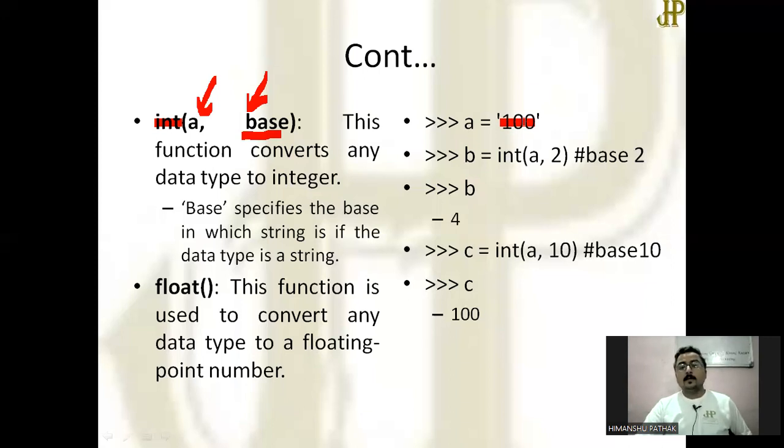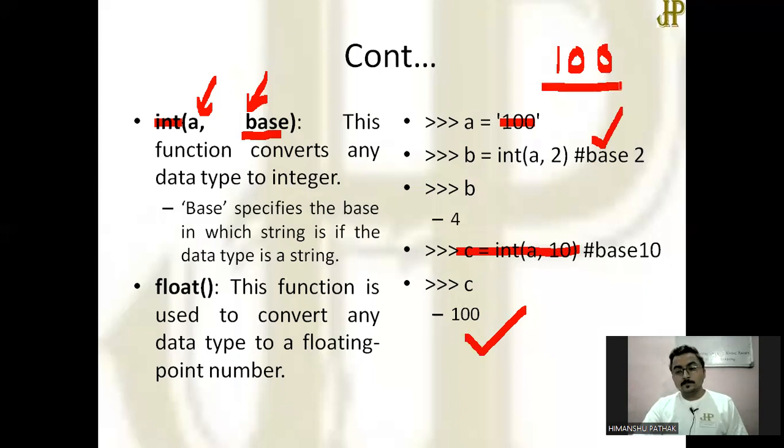In the first case, I want to convert it into a binary number. And in the second case, I want to convert it into a decimal number. Whenever I convert it into a decimal number, it shows 100. It is very simple. But whenever I convert it into a binary number, 100 is treated like 0 and 1, and then this value is converted into decimal.